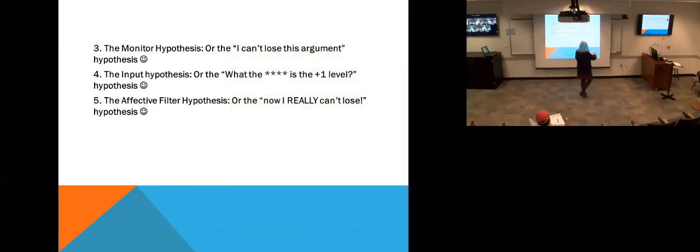But basically, the reason I call it the I-can't-lose-this-argument hypothesis is that this explains why some people are really bad at language and some people aren't, according to him. If we just left everybody alone and let them acquire it, we'd all be just as brilliant in our second language as our first, because we're following these innate principles. But as soon as we start messing with it, then we produce this monitor, and then we're really in trouble.